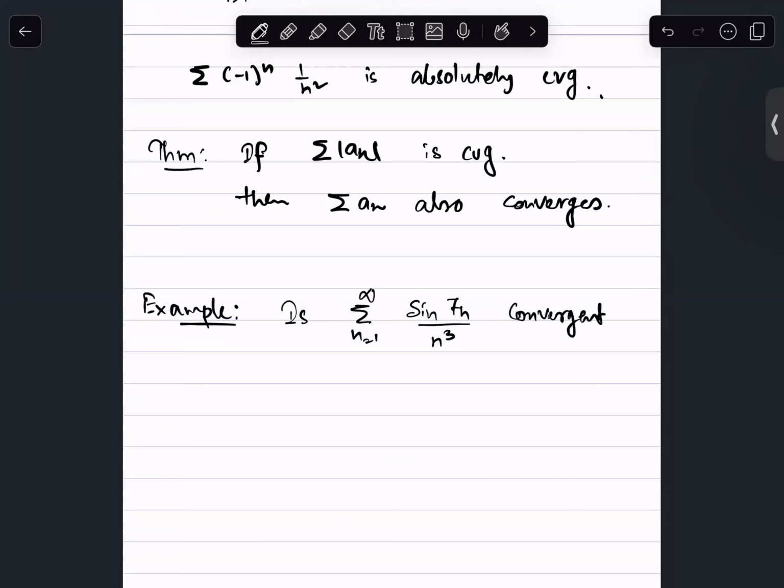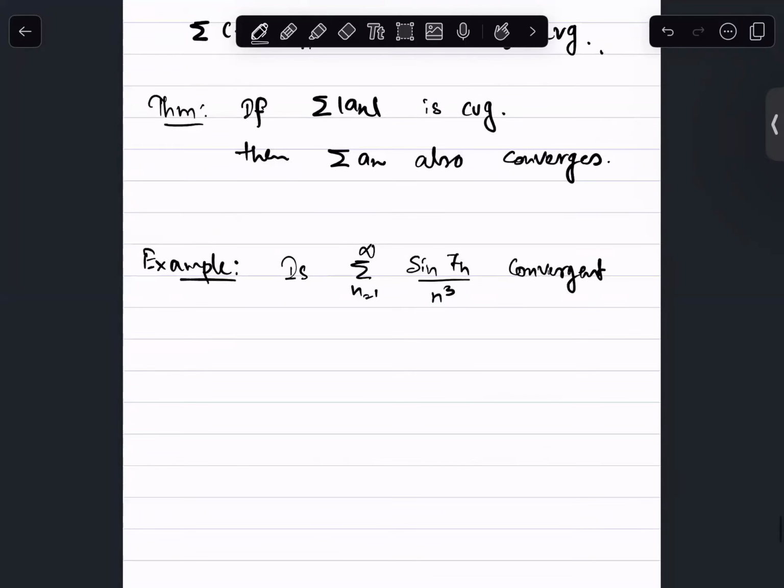One example to illustrate the theorem is summation n equal to 1 to infinity sine 7n over n to the third. Is this convergent or not? If you try to use the tests that we have discussed so far, probably you will get to know, but one of the easiest ways is to use the theorem. So if I consider the modulus of an, that will be modulus of sine 7n over n to the third.